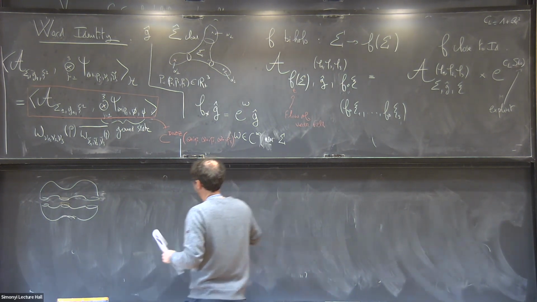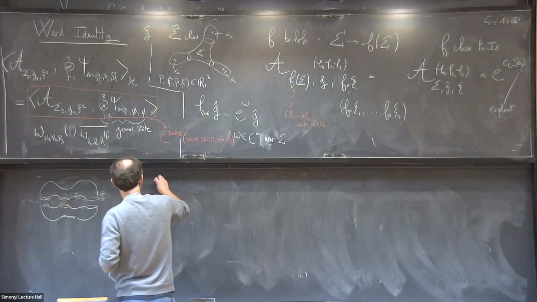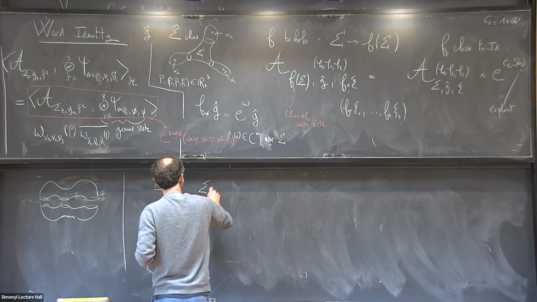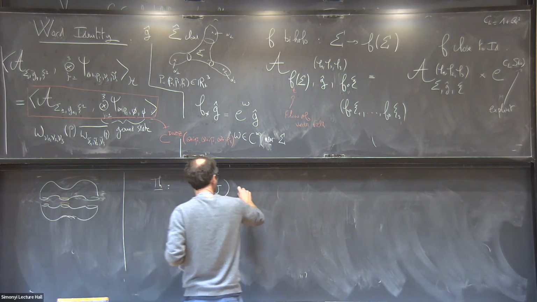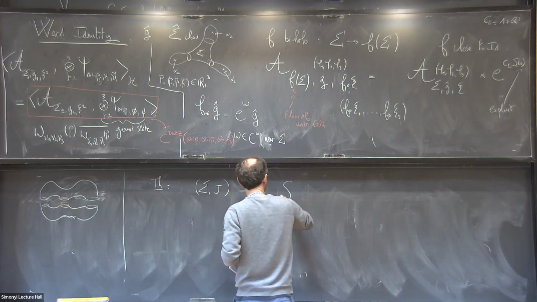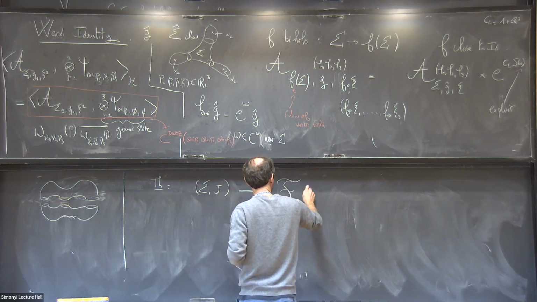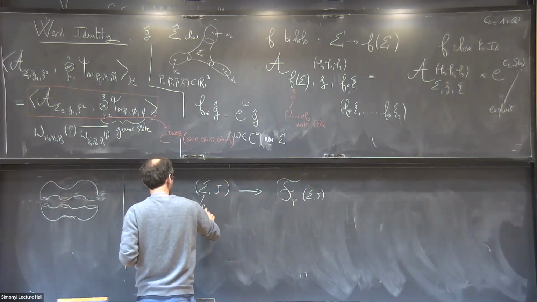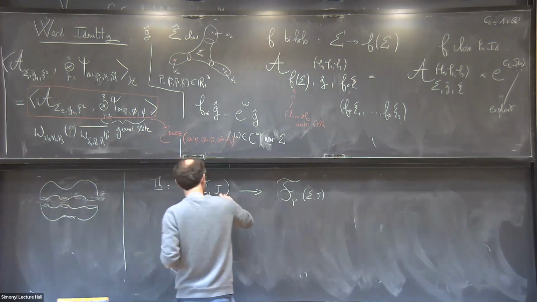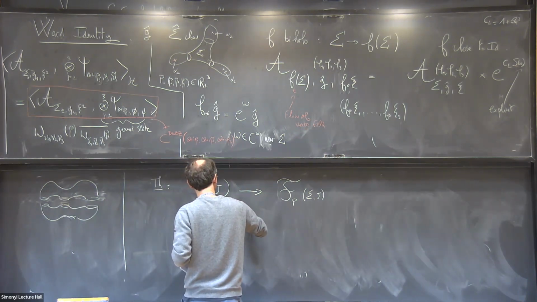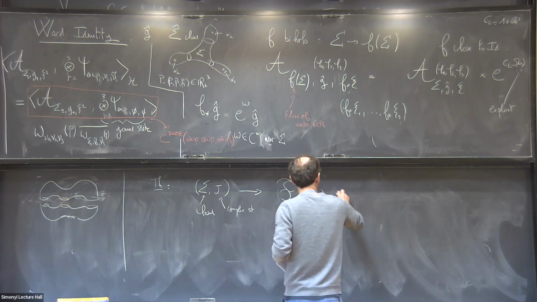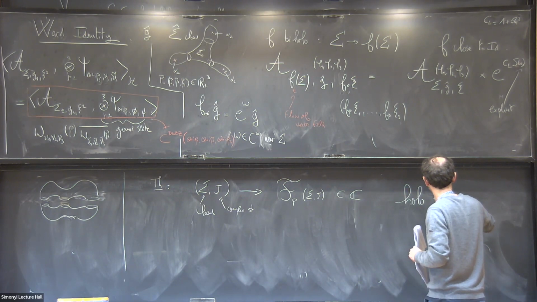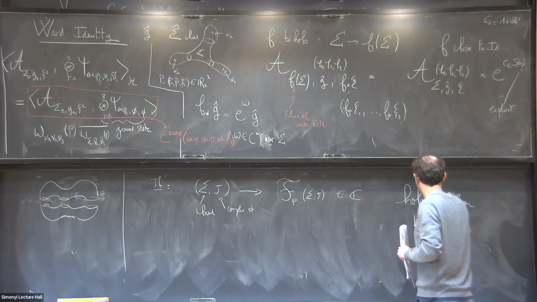So I want to define now, okay, so just one theorem maybe, is that as a function of the complex structure, if I look at the block, a priori the block depends on the Riemann surface. This is a closed Riemann surface. J is a complex structure. So this guy is in C. It turns out that this is a holomorphic function on the Teichmüller space.